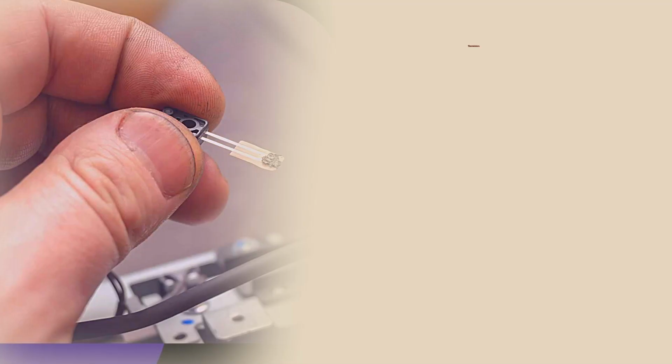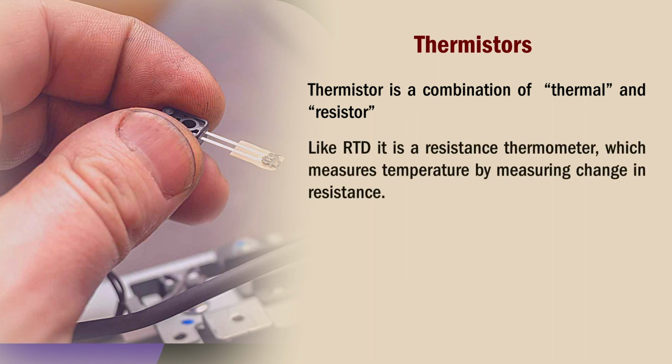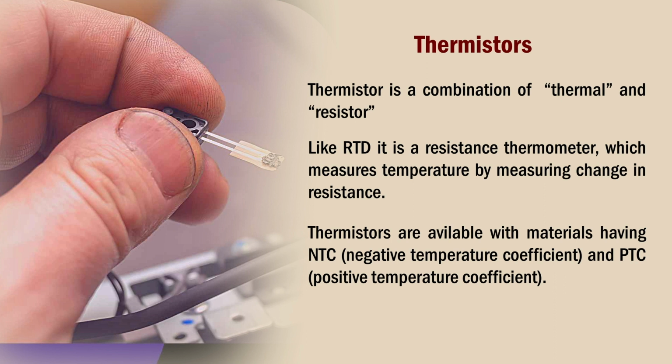Now, coming to the next thermal sensor, which is the thermistor. It is a combination of thermal and resistor. Like RTD, it is a resistance thermometer which measures temperature by measuring change in resistance. Thermistors are available with materials having negative temperature coefficient as well as positive temperature coefficient.